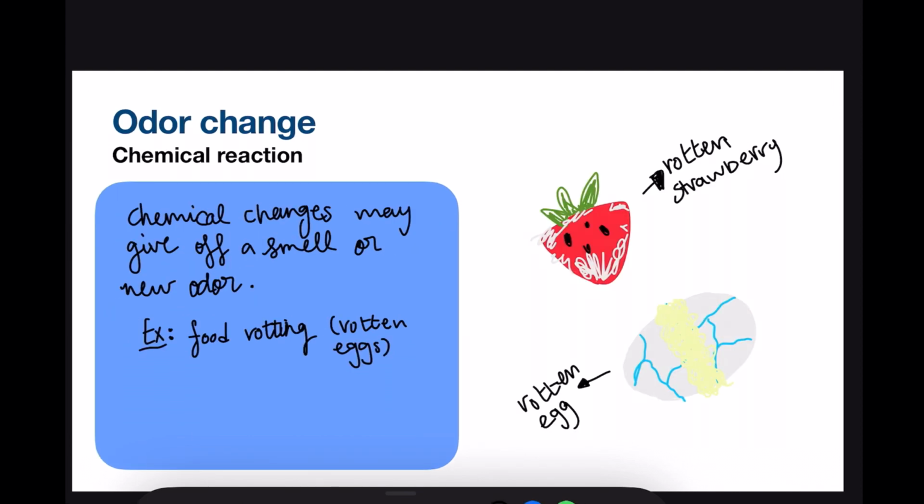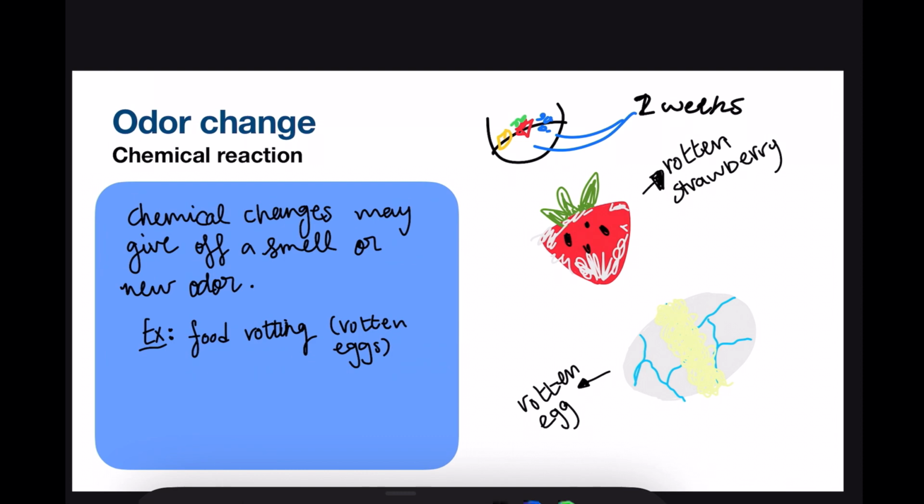The next one is an odor change. Now, this one happens in every household where your mom buys a basket of bananas, strawberries, blueberries, etc. And you put your strawberries and blueberries in the fridge for 2 weeks, and you forget you have them.